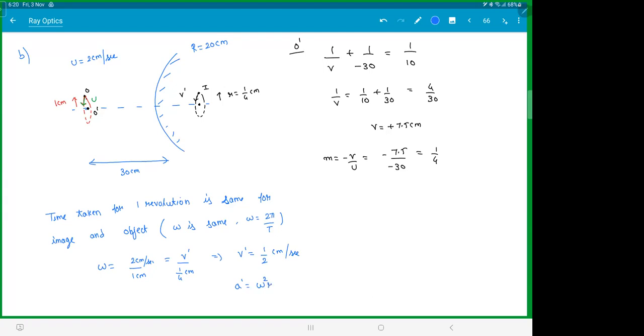Acceleration is omega square r. Omega will be 2, squared, and r is 1 by 4. So that is 1 centimeter per second square. There, velocity is half and acceleration is 1. Centripetal acceleration, everyone. Who got this?